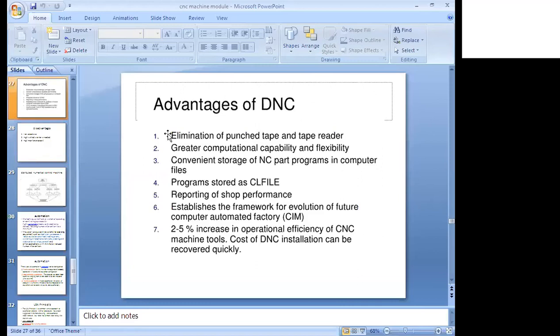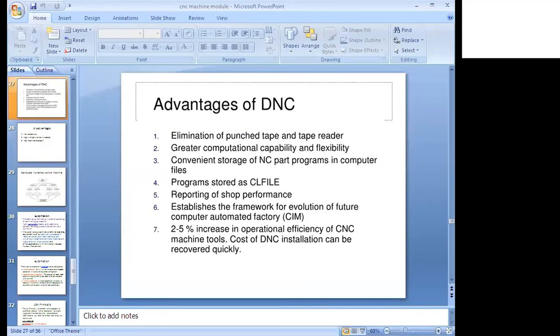Coming to the first point, elimination of punch tape and tape reader. In the first or introduction class, I discussed clearly what devices and components we use in the NC machine and CNC machines.